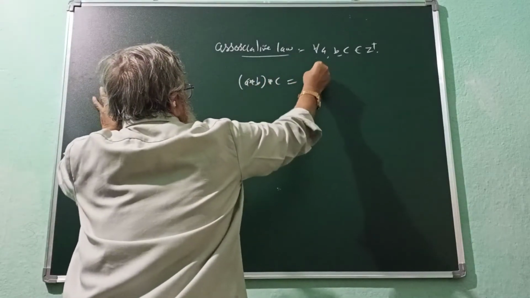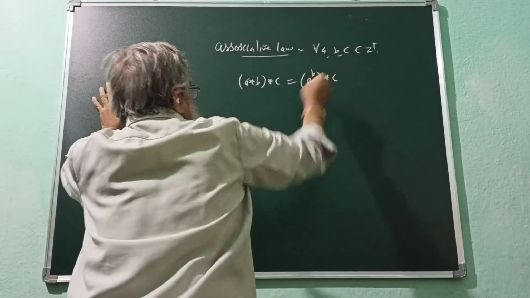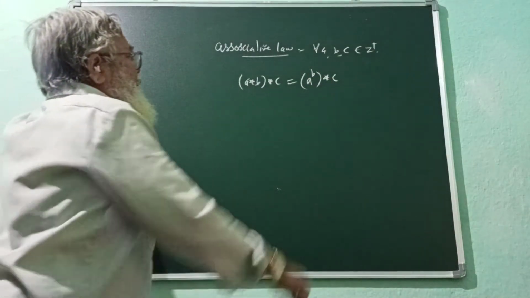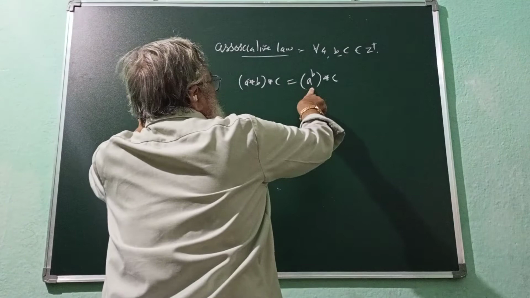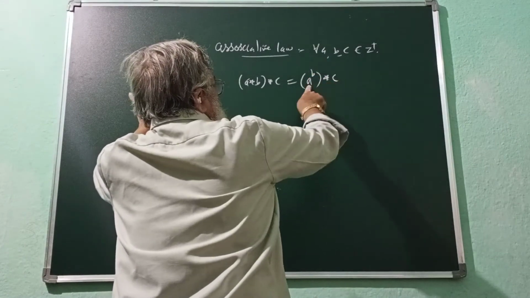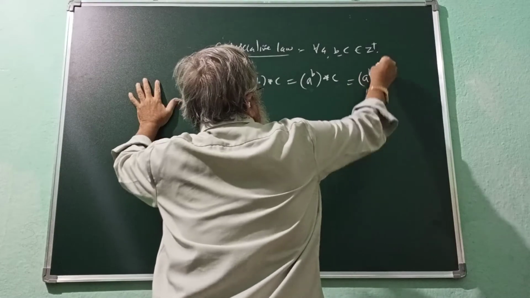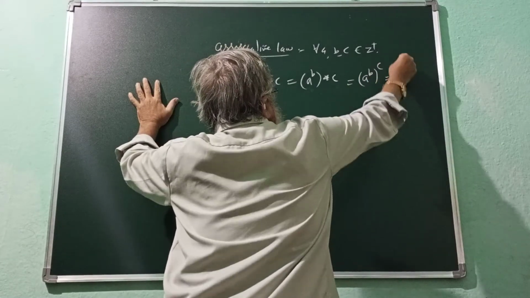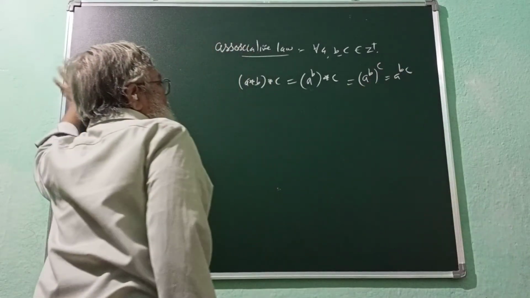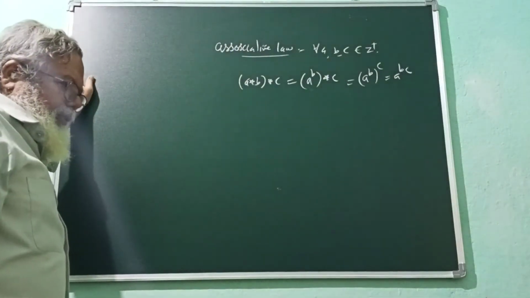A raised to B star C. Now, this quantity should be treated as A, and this as B. That is A raised to B raised to C, or you can write (A raised to B) raised to C. That is the left hand side of the associative.